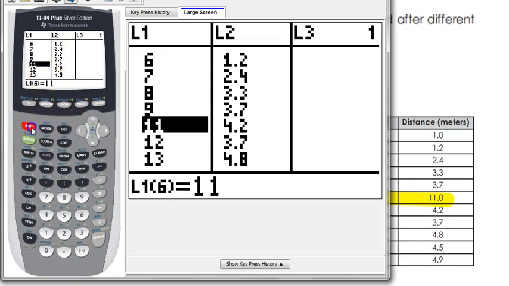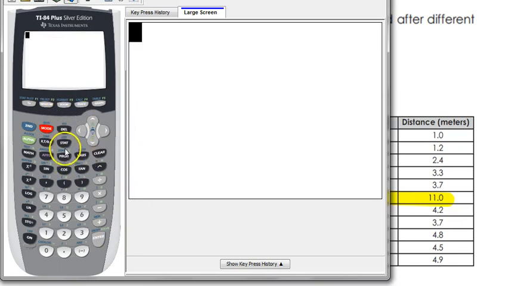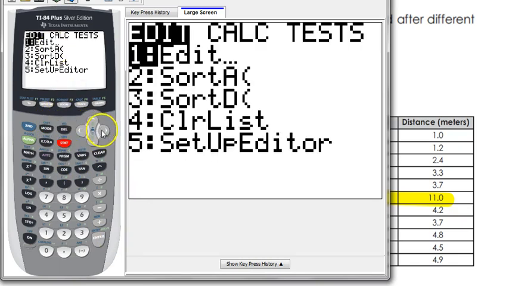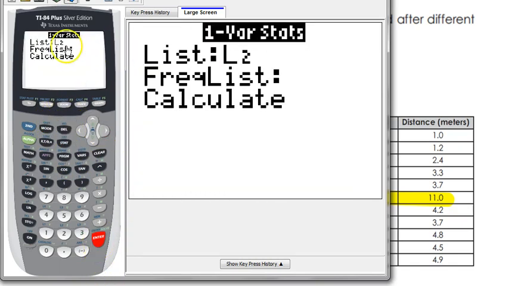Now we can quit, second quit, go back to stat, calculate, one variable stats. If you want to do them in the same order, L1 for time, L2 for distance, you're more than welcome to. I will go ahead and do L1, and that was just the second way to do it, second, and L1 was in blue.